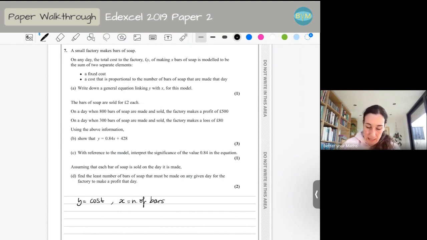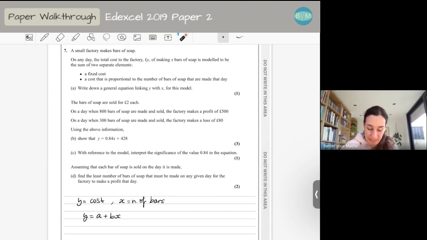And they say the total cost, so the y, is modeled to be the sum of two separate elements: a fixed cost, let's say A, and the cost that is proportional to the number of bars they are making. So another constant, B, times the number of bars that they are making. Yeah, it's a straight line. So this is the only thing that they're asking you here.